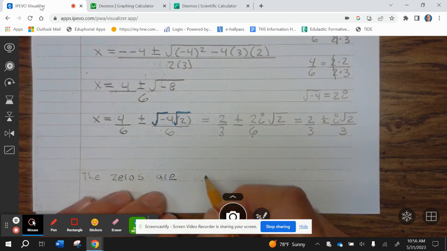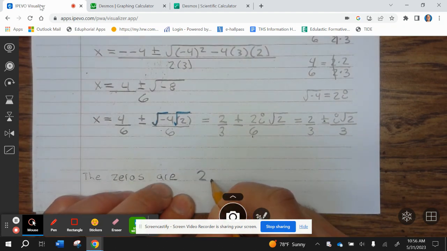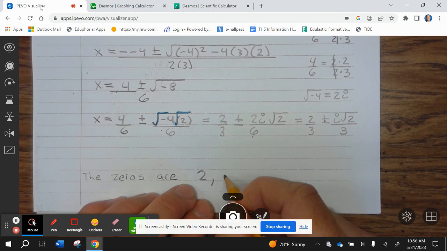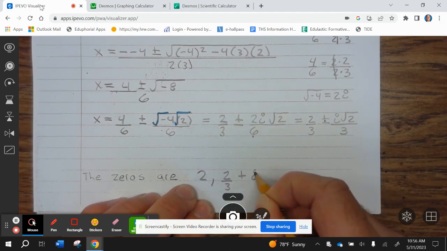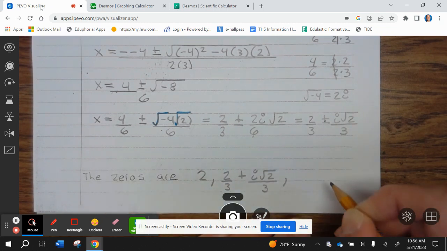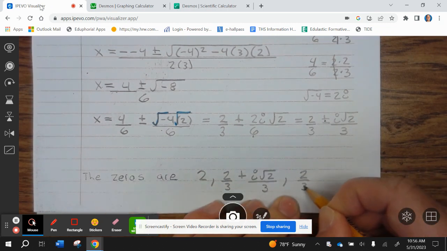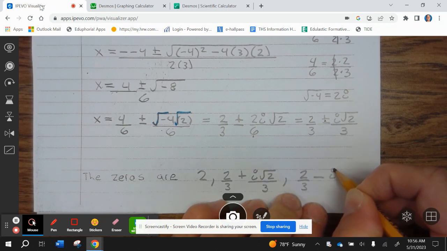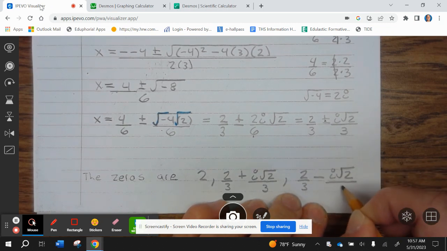So your zeros are 2, 2/3 plus i square root of 2 divided by 3, and 2/3 minus i square root of 2 divided by 3.